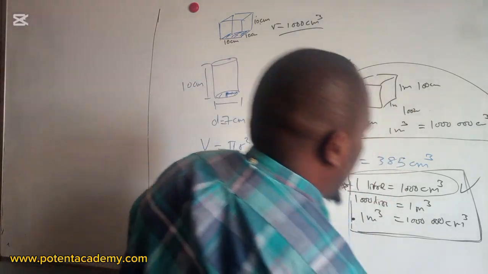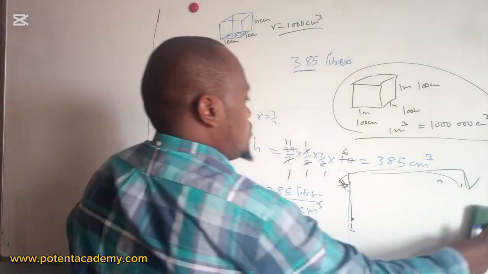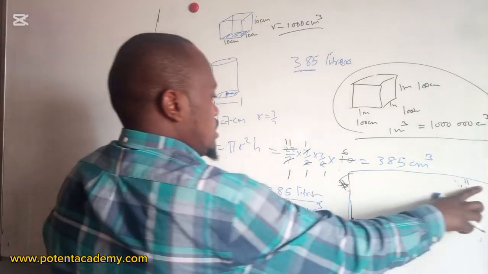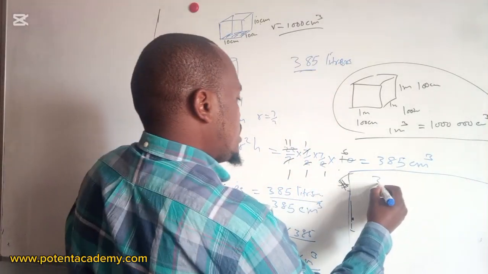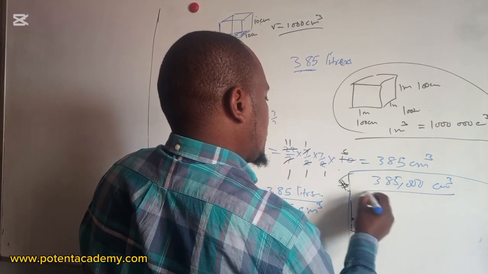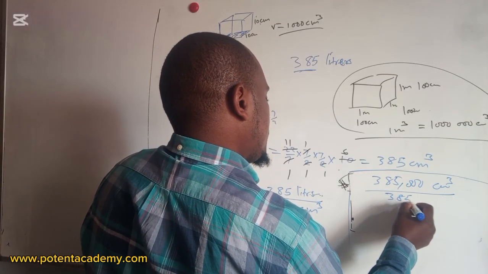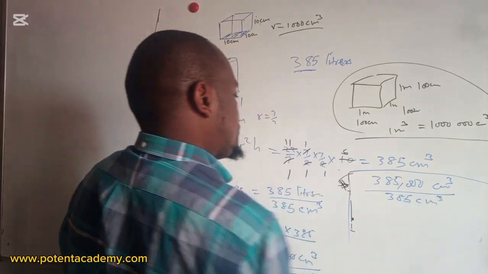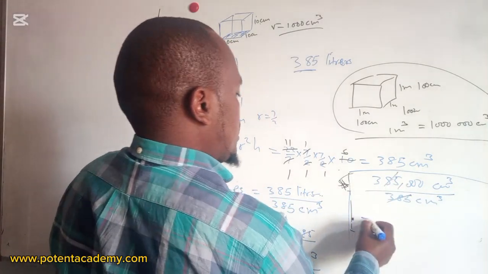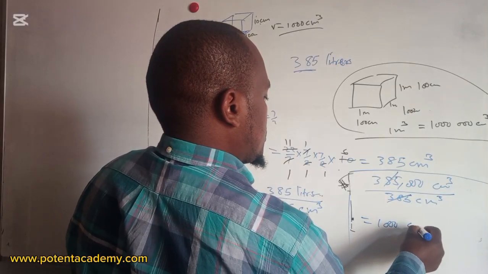And so therefore, now that you have this, your answer is 385,000 centimeter cubic divided by 385 centimeter cubic. The answer is 1000 cups.